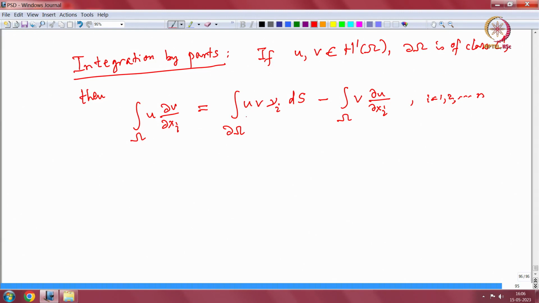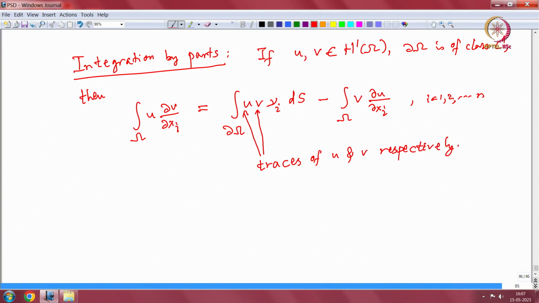Now, this u and v, as we already started writing, are the traces of u and v respectively. This is immediate now.